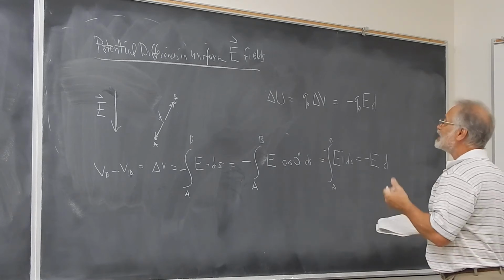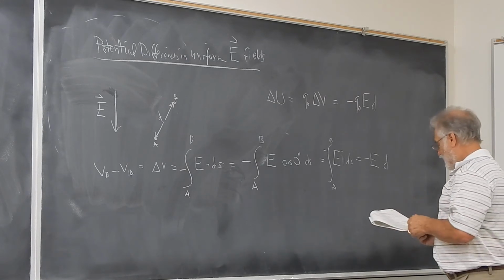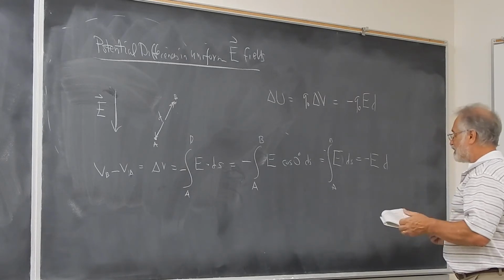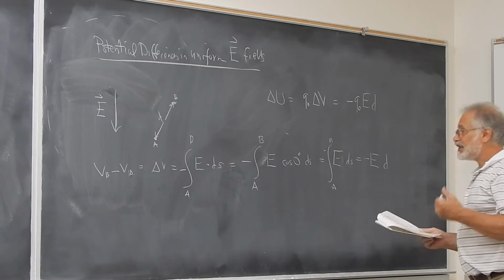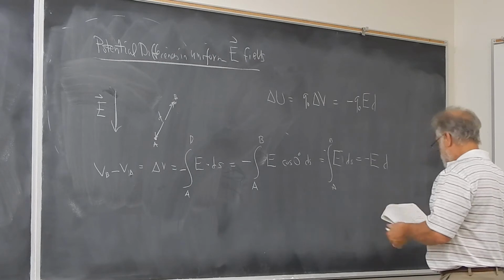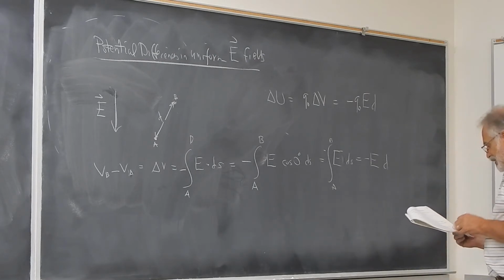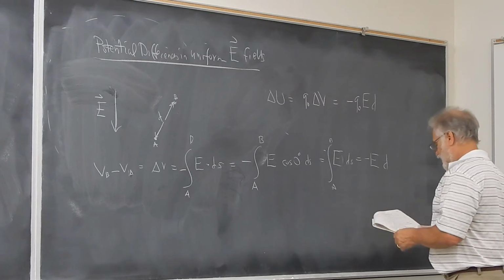An electric field does work on a positive charge when the positive charge moves in the direction of the field. On the other hand, if Q is negative, in that case delta U is positive. So the negative charge gains potential energy when it moves in the direction of the electric field.